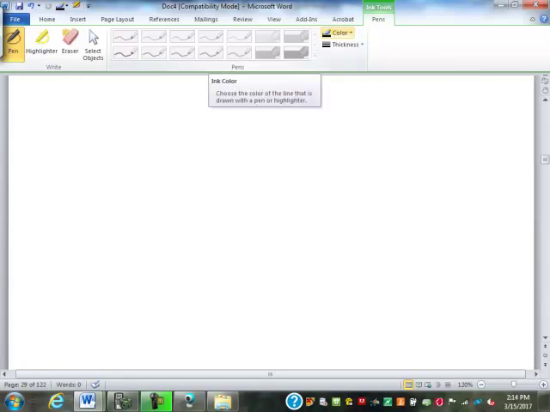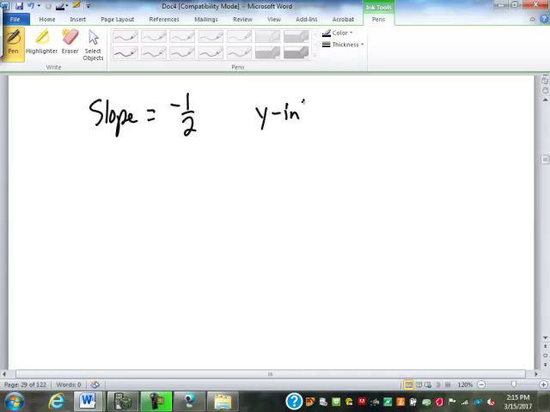The next thing I want to do is if I just give you the slope, let's say I give you that the slope is a negative 1/2, and I give you the y-intercept, so we don't even have to find the y-intercept from the graph, is 5.